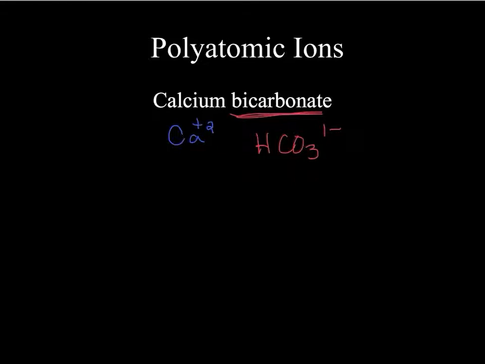Now notice, if I have one of each, one calcium plus 2 and one bicarbonate 1 minus, they will not cancel out. So I actually need 2 1 minuses to cancel out with my plus 2. So my formula is going to be Ca. HCO3 is going to be in parentheses because I need 2 bicarbonates. So my formula, Ca(HCO3)2.